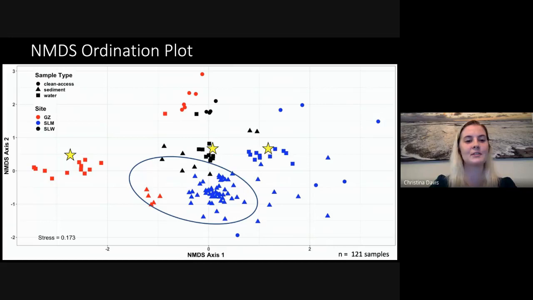So moving into an NMDS ordination plot using 16S ribosomal RNA genes data, we're looking at samples taken across all 3 sites with clean access sediment and water.